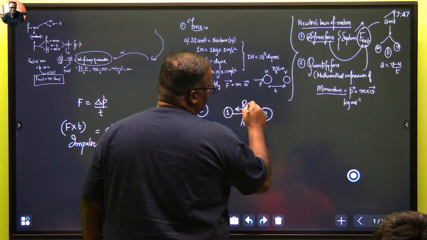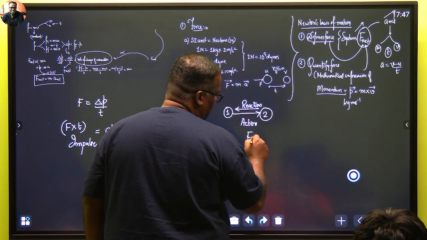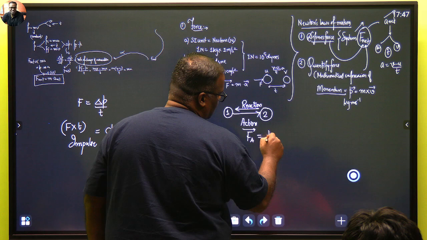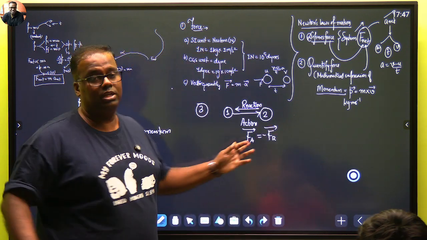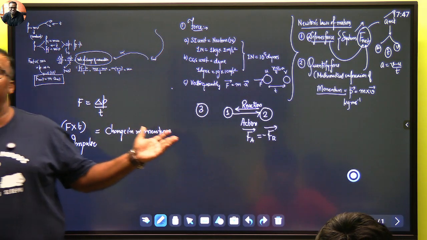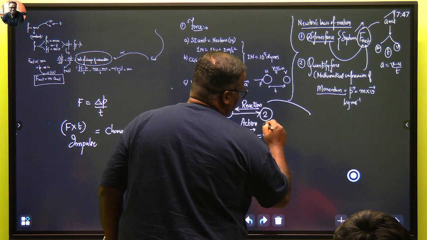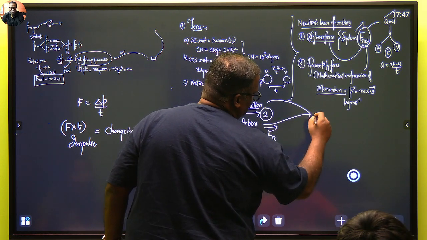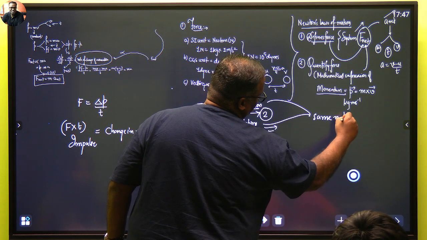Okay, so if action force is represented by Fa in vector method, then this will be equal to the reaction force Fr, but with a negative sign, because it shows that the reaction force is always in the opposite direction. Another thing that you have to always remember, action and reaction are always of the same nature. कभी भी अलग नहीं हो सकता है.